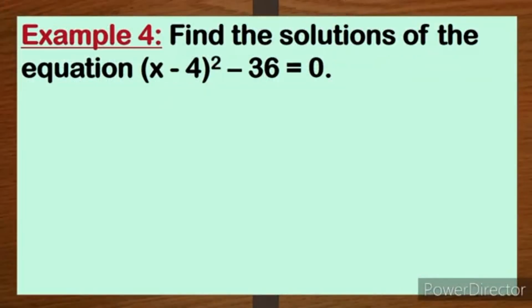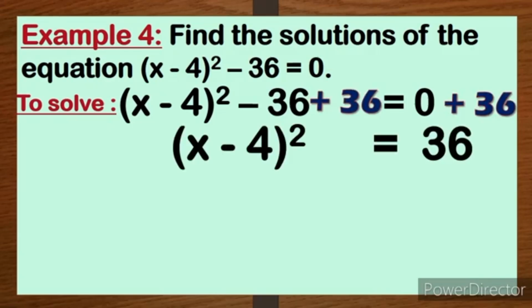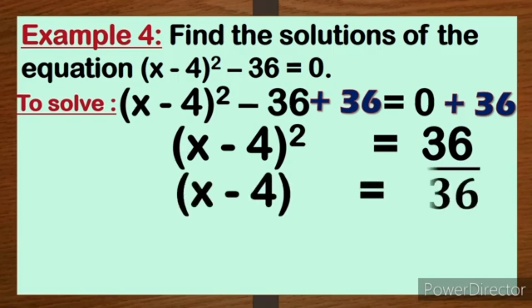Find the solutions of the quadratic: the square of x minus 4, minus 36 equal to 0. To solve, we're going to add positive 36 to both sides. So negative 36 plus 36 is 0, then 0 plus 36 is 36. Therefore, we have the square of x minus 4 equals 36.